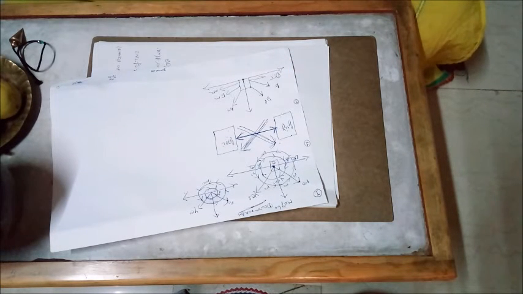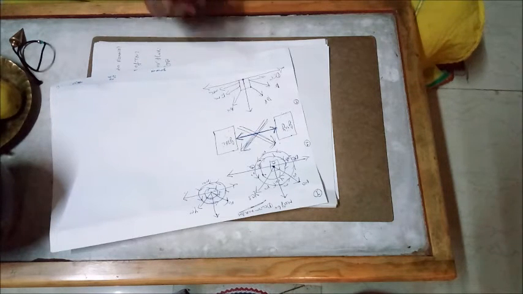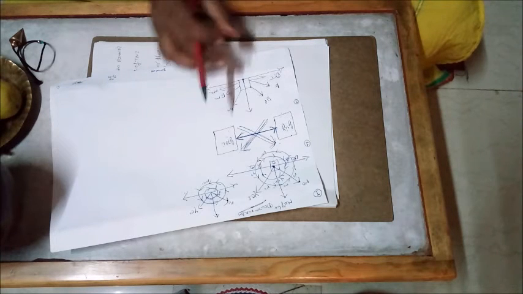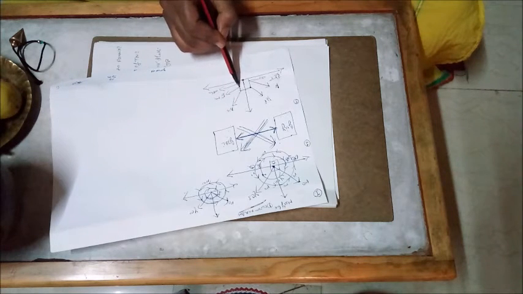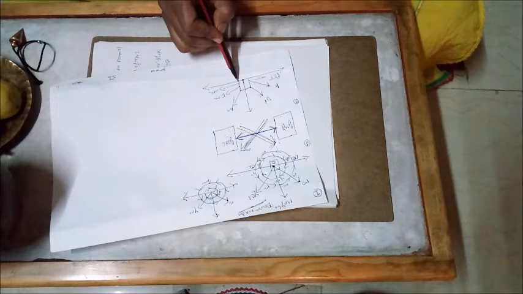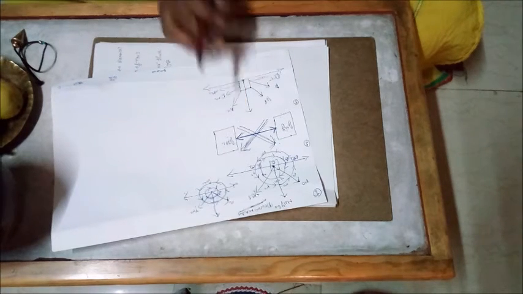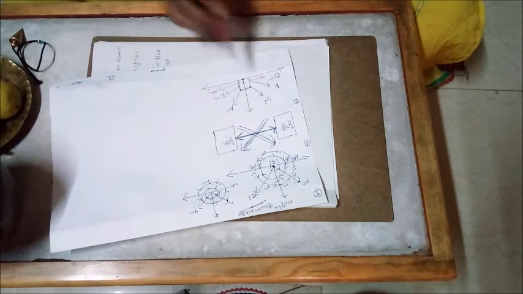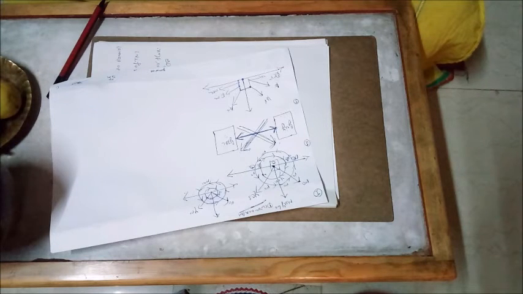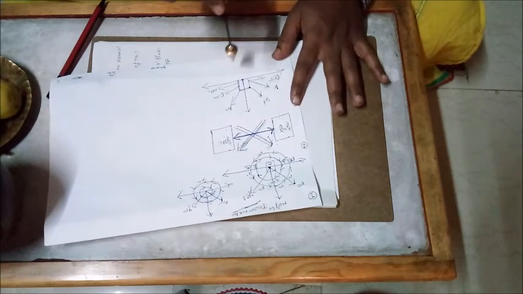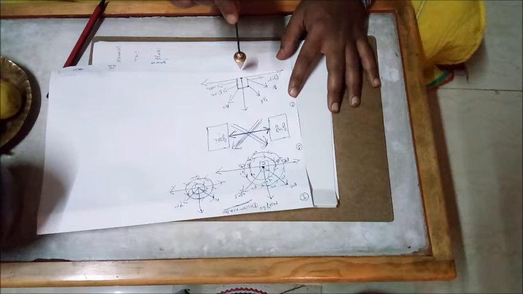So some of your family members or friends may be struggling with diseases. Now what you have to do, just keep their photo, and I prefer only black and white photos, and I'll keep it in this box, and I'll ask which is a suitable treatment to cure his or her disease.